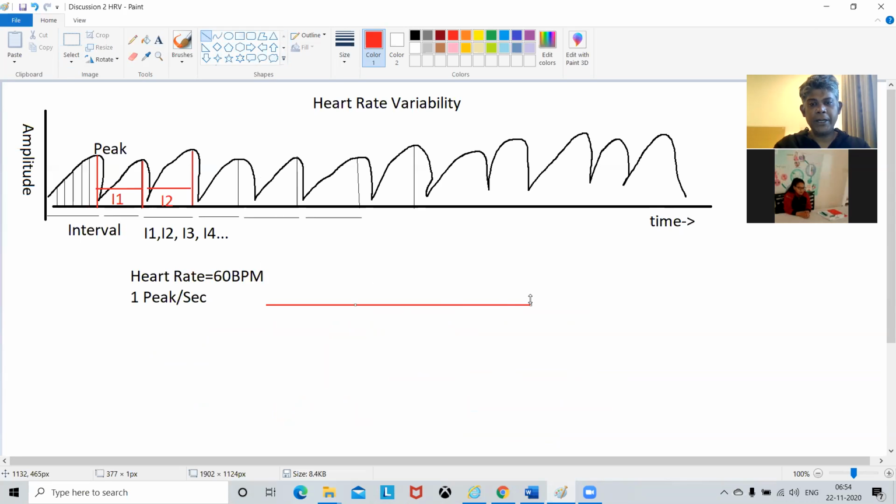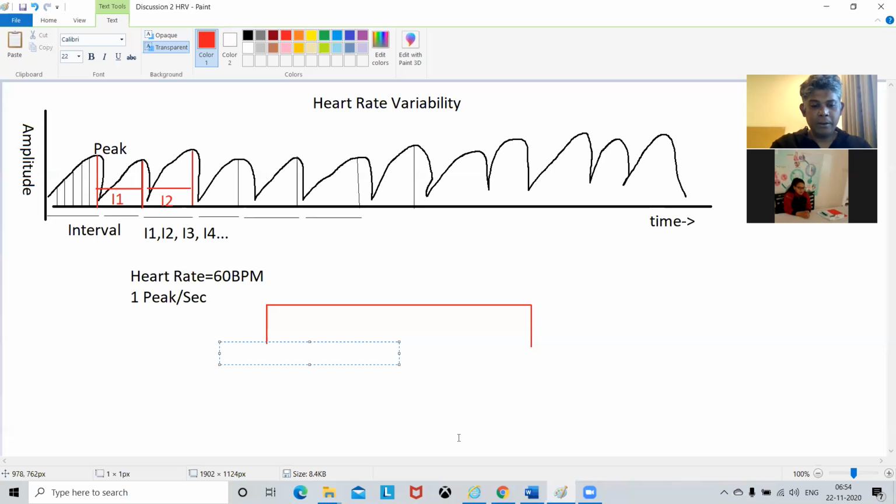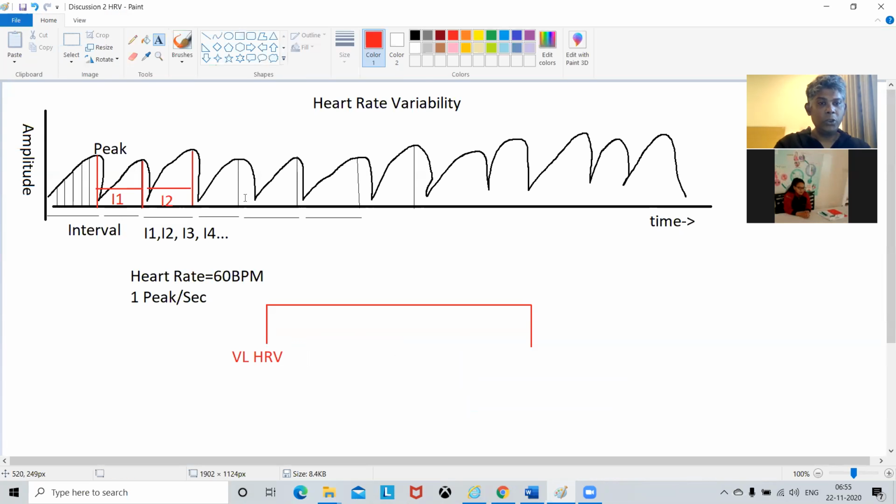Heart rate variability is a direct surrogate marker to read the autonomic nervous system. It is a spectrum, from low heart rate variability to very high heart rate variability. So very low HRV means two things: depression and event.